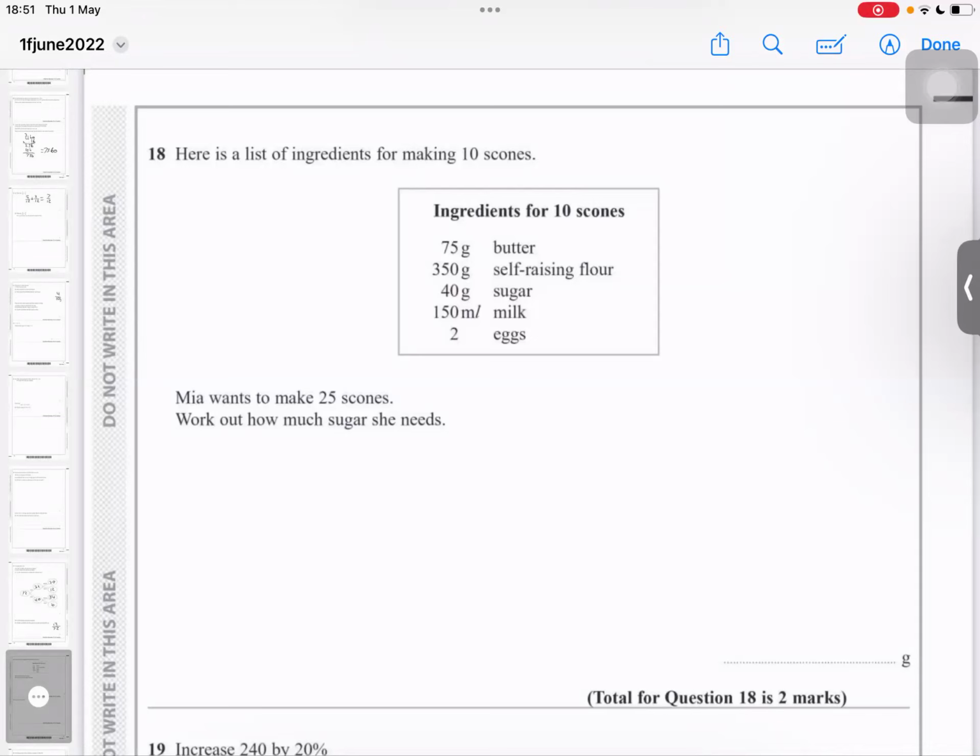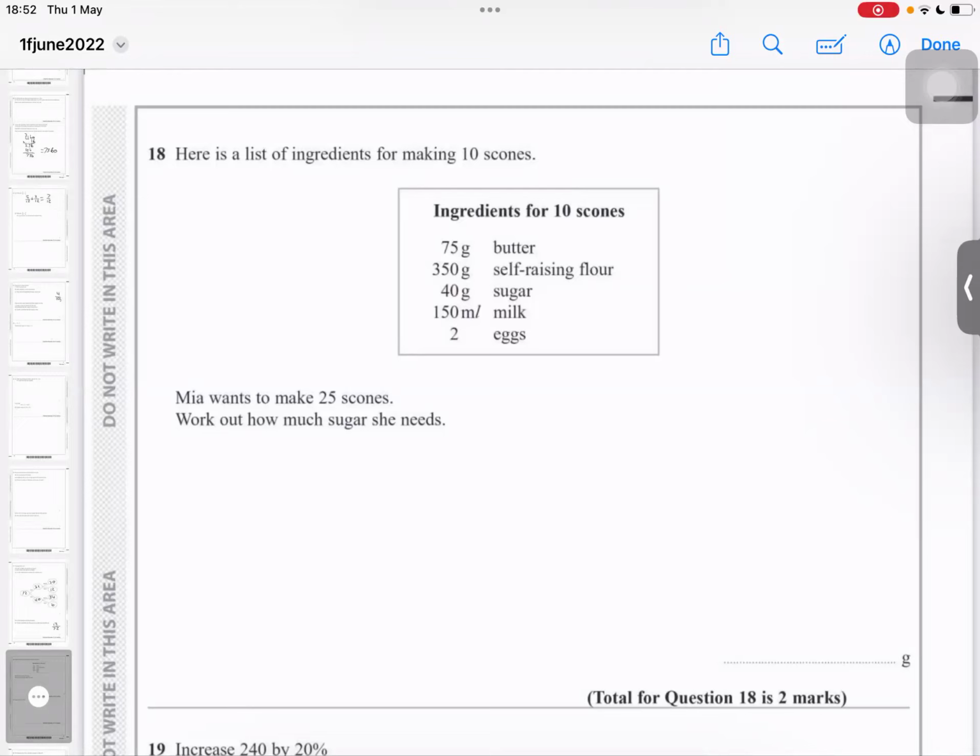So to make 25, let's first work out what it would take to make 5. If 40 grams is needed to make 10, then 20 grams will be needed to make 5, right?